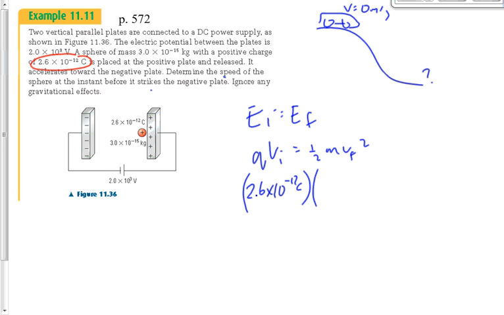Now, the initial potential, is it 2,000? We actually don't know what the initial potential is. But we do know what the potential difference is. We could say the initial potential is 2,000, final is 0. We could say the initial potential is 4,000, and the final potential is 2,000.